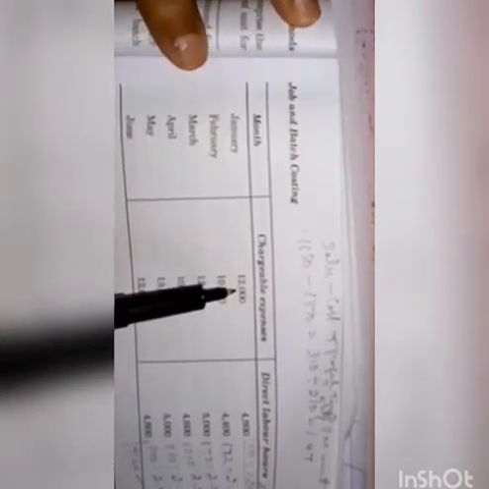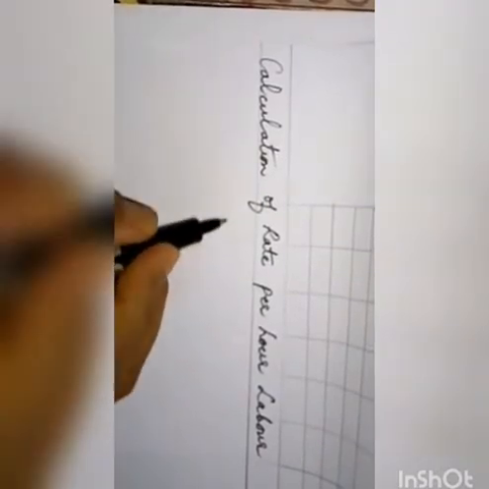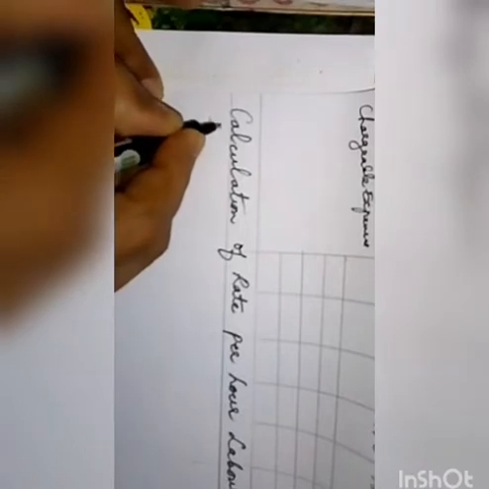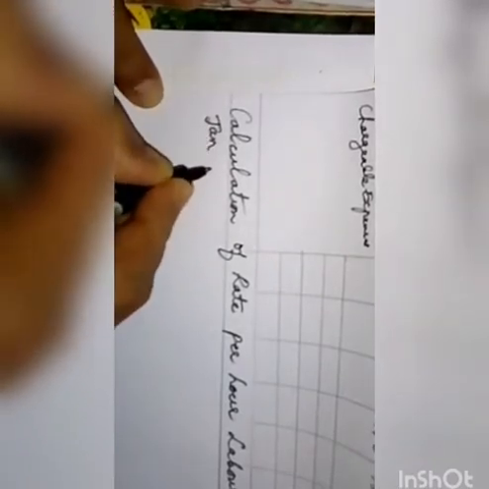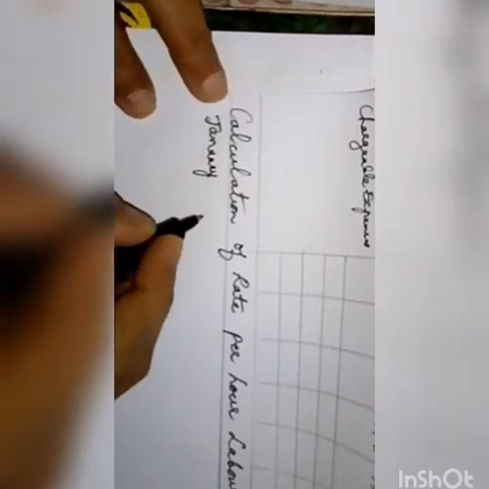In this problem, the chargeable expenses batch wise are given. For January month it is 12,000, direct labor hours 4,800. So this information is given. We need to calculate the rate per hour labor rate. With the information given, we can calculate for the month of January chargeable expenses.